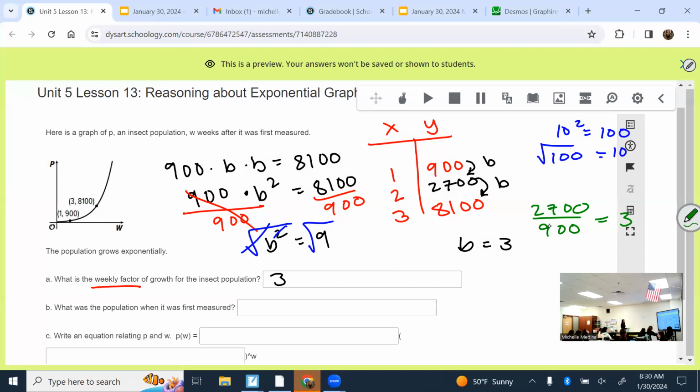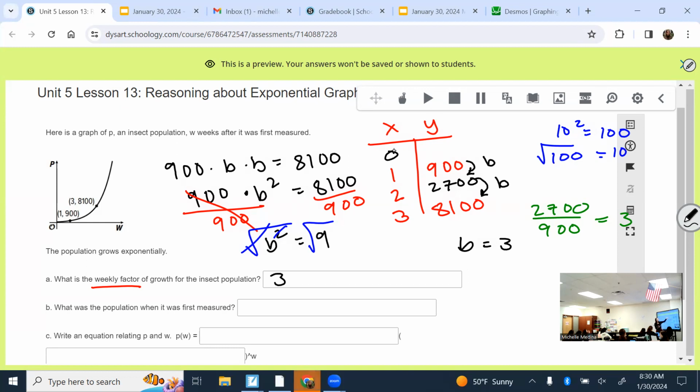Okay, and then from there it says what was the population when it was first measured. That's not easy to estimate because that graph is so tiny and it's definitely not at the 0. We know that when it's first measured is when x is 0. So I have what my factor is moving forward, times by 3.